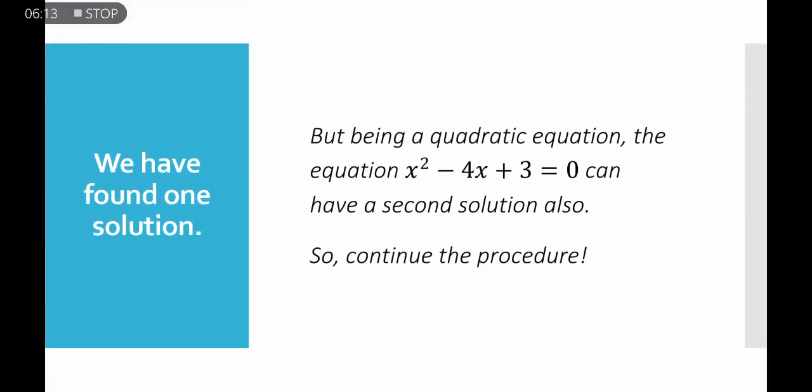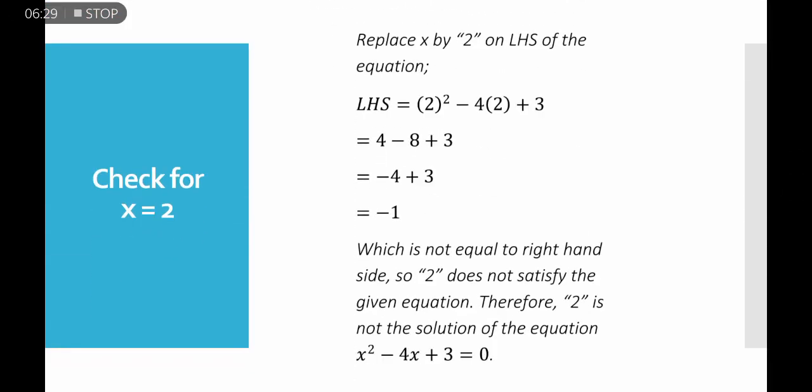We have found one solution, but being a quadratic equation, the equation x square minus 4x plus 3 is equal to 0 can have a second solution also. So continue the procedure. Check for x is equal to 2. Replace x by 2 on left hand side of the equation.